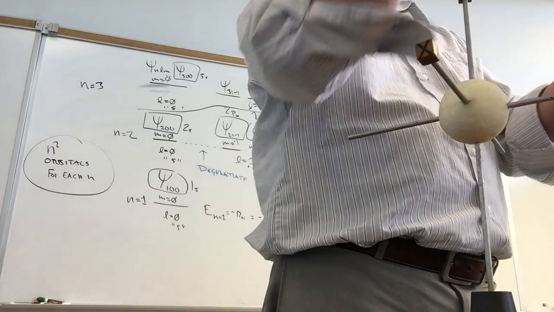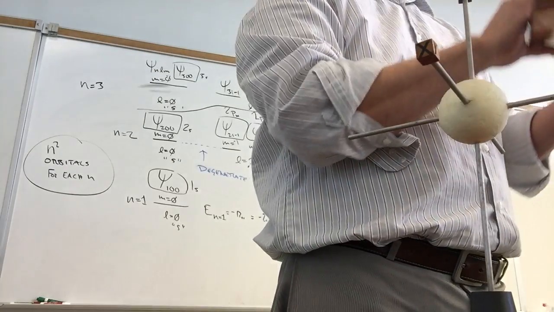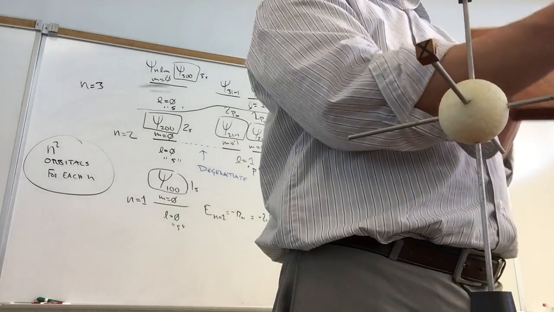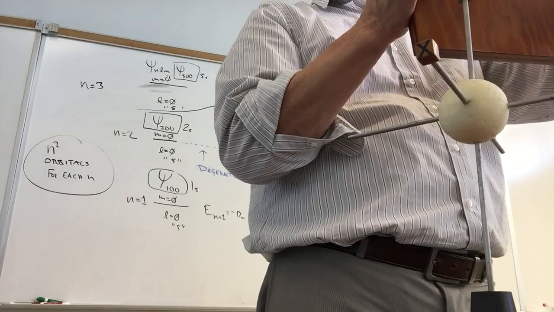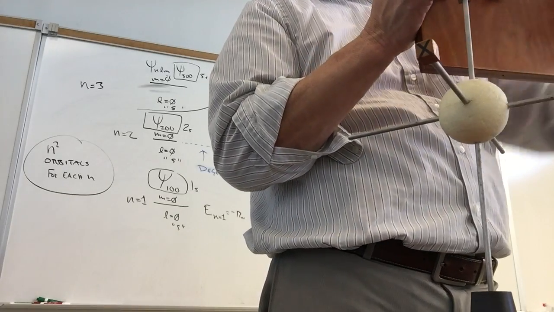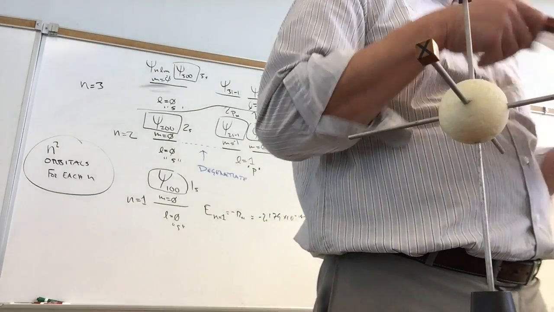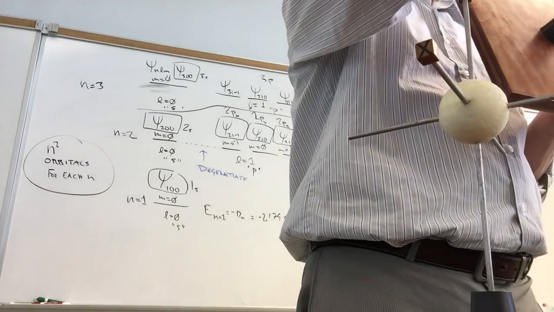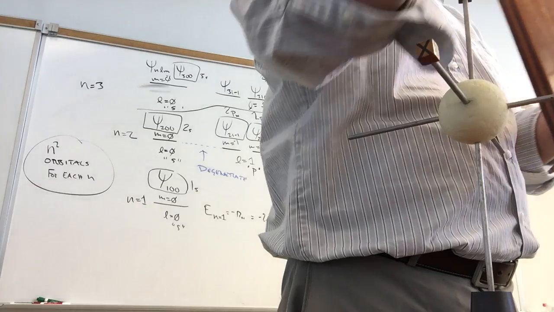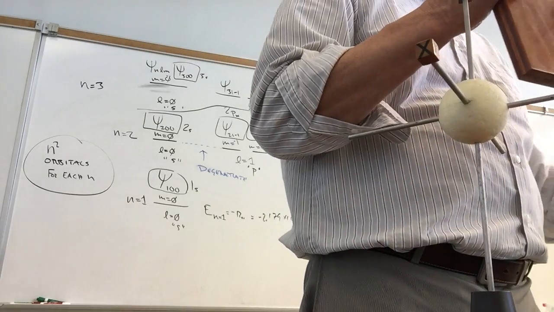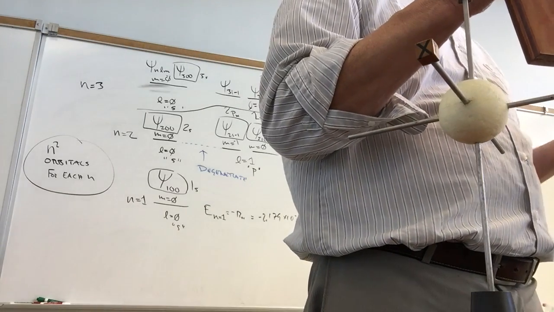The XY plane, Z sticking out. This is normally the way you'd look at it: X here, Y here, and Z sticking out. All of these have the lobes between the axes.